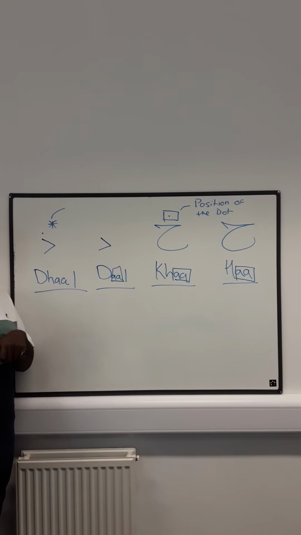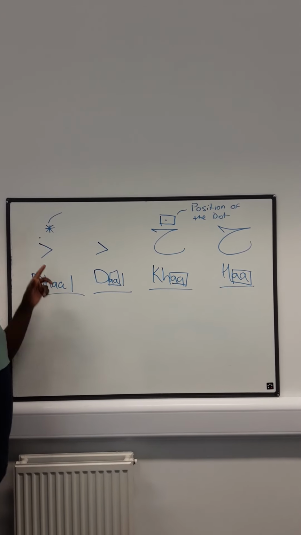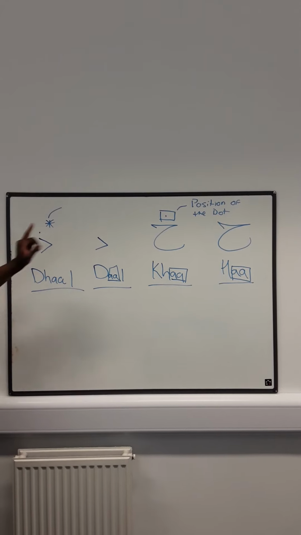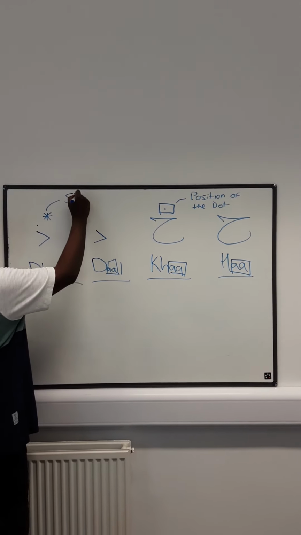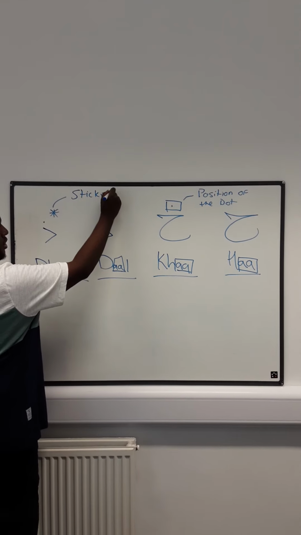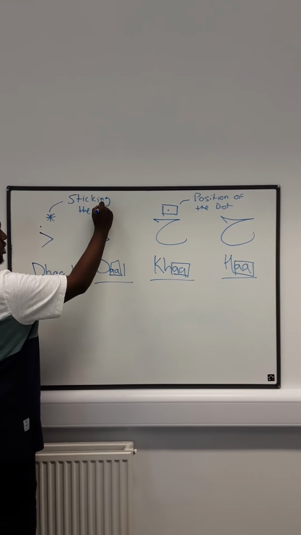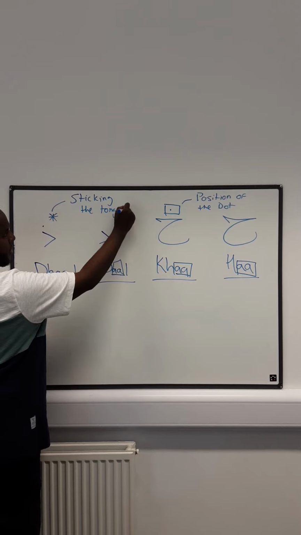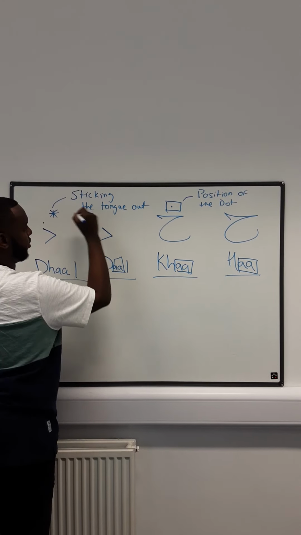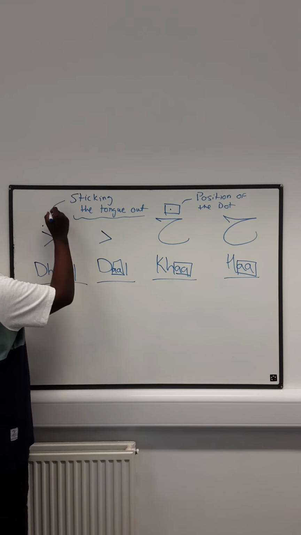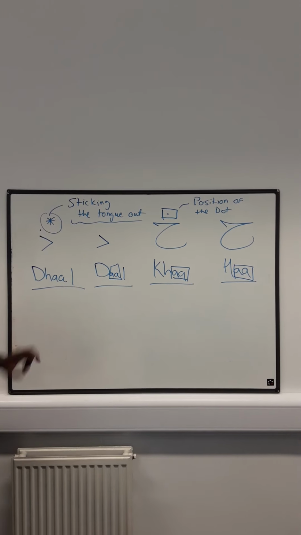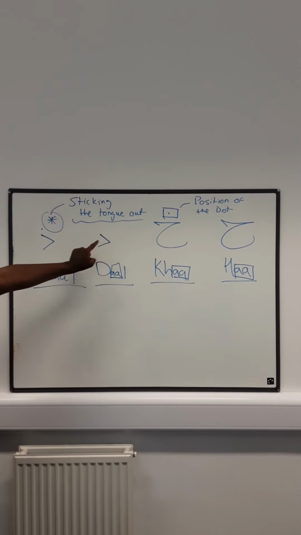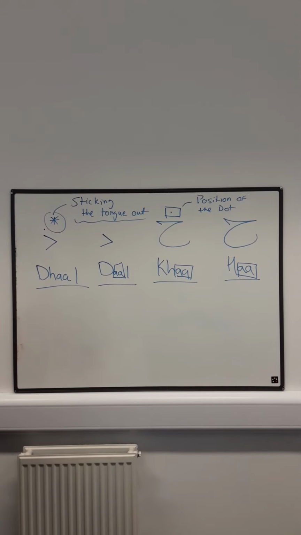Dhal. Stick your tongue out. Dhal. Good. Ha, Kha, Dal, and Dhal. That's what the asterisk here means.